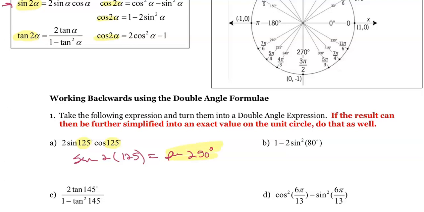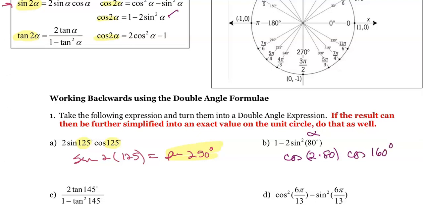Okay, look at the next one. The next one is 1 minus sine squared 80 degrees. So here is my alpha, and therefore previously this could be written as the cosine of 2 times alpha, or cosine of 160.